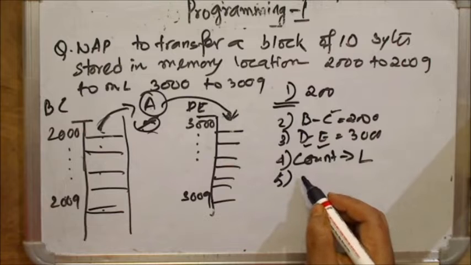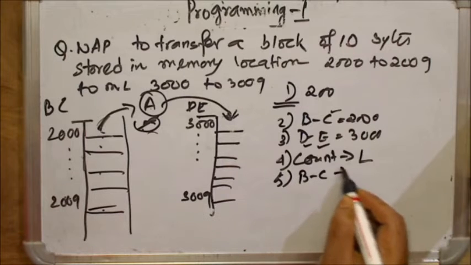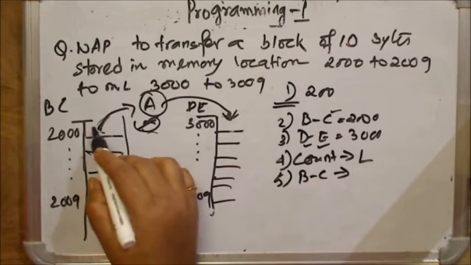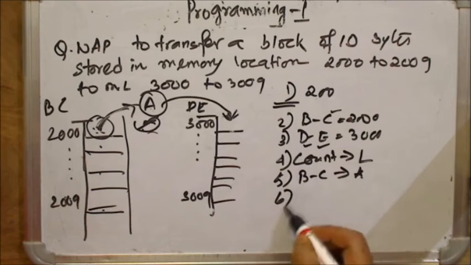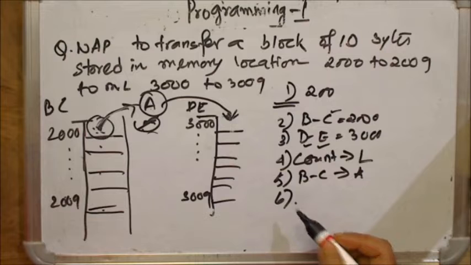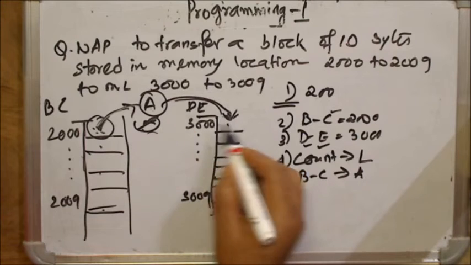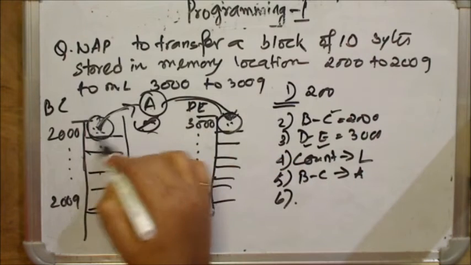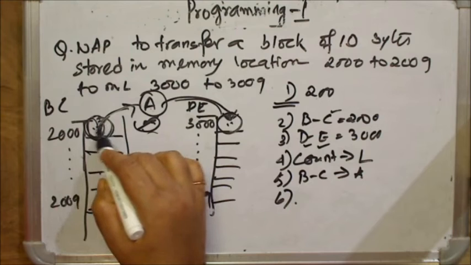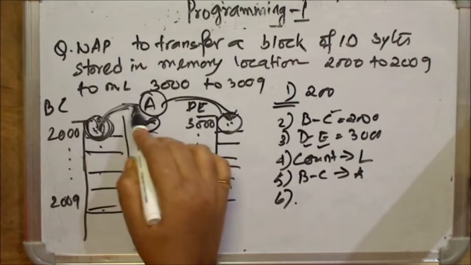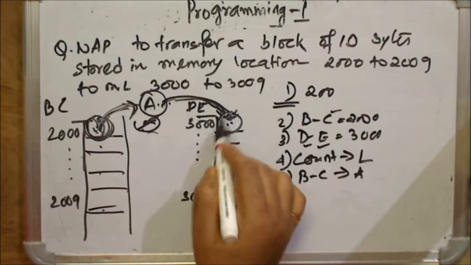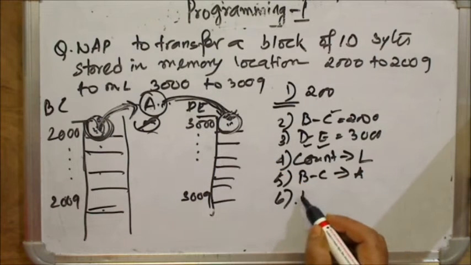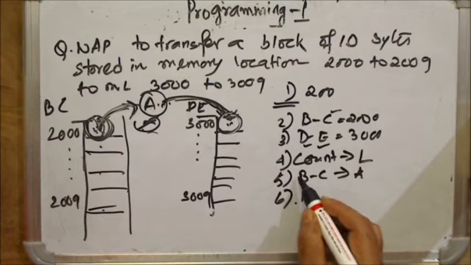Take the data pointed to by the BC pair into A. Then the next step is to store it at the memory location pointed to by the DE pair. First take the data from memory pointed to by the BC pair into A, then store the data in the accumulator into the memory location pointed to by the DE pair.